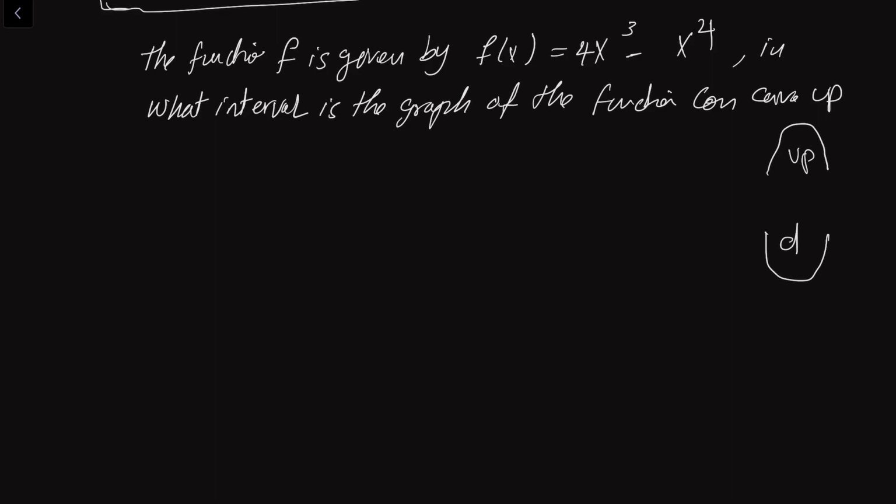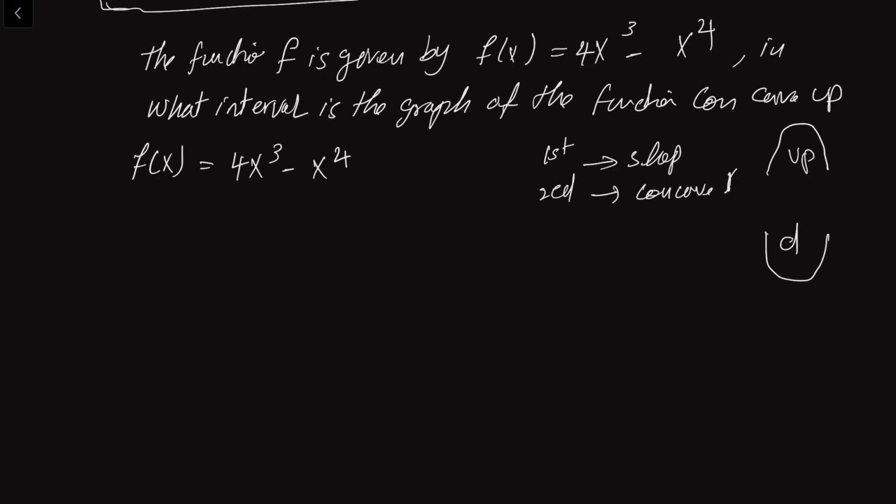So the function is f of x equals 4x cubed minus x to the fourth. We know the rules: in order to know whether it's concave up or down, we have to use the second derivative of the function. The first derivative gives us the slope of the function, and the second derivative tells us whether it's concave up or concave down.